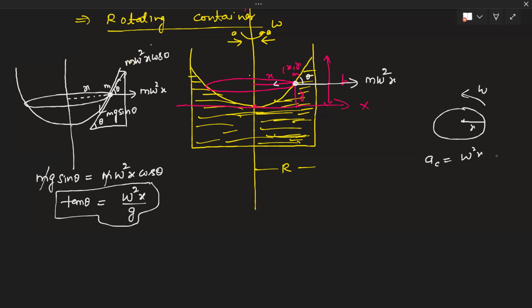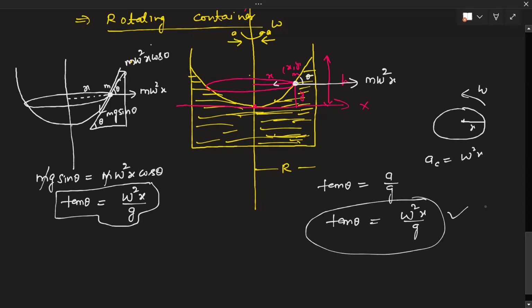Omega square r is the formula for acceleration. So instead of doing all this, you can directly say that we already know tan theta equals a by g, and here a is centripetal, so I can directly write tan theta equals omega square x by g. This logic you can also use. Understood? Yes, sir.